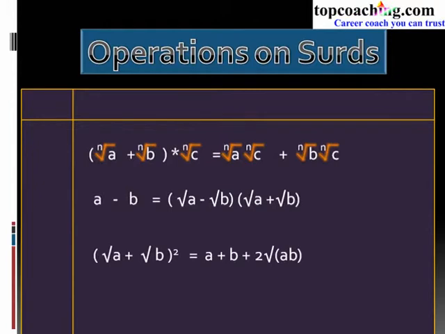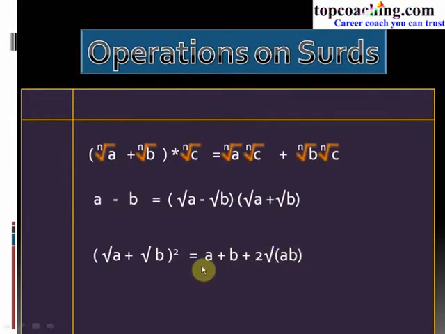The third operation is under root of a plus under root of b whole square is equal to a plus b plus 2 times under root of ab. Here we have used the formula that x plus y whole square is equal to x square plus y square plus 2 times xy. Now here x is equal to root a and y is equal to root b. So this would be equal to square of root a plus square of root b plus 2 times root a into root b.